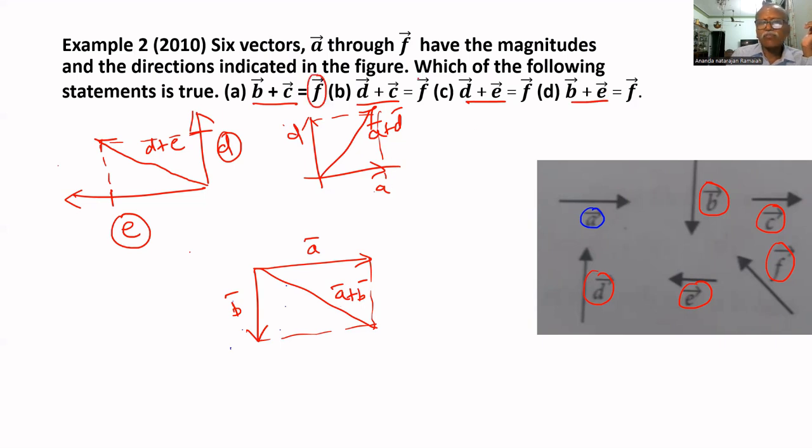But the answer is F only. F means one component must be this way and another this way. This way means we take E, and this way means we take D. Therefore, D plus E. Therefore, C is the answer.